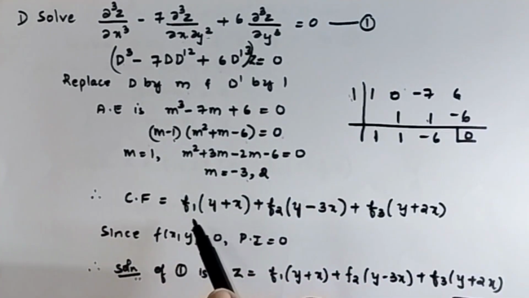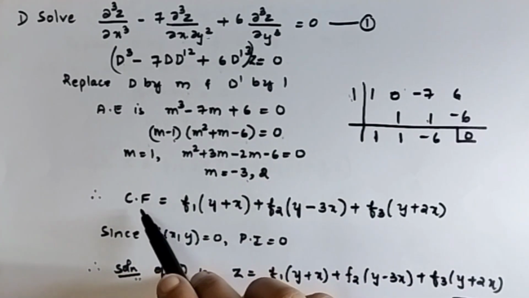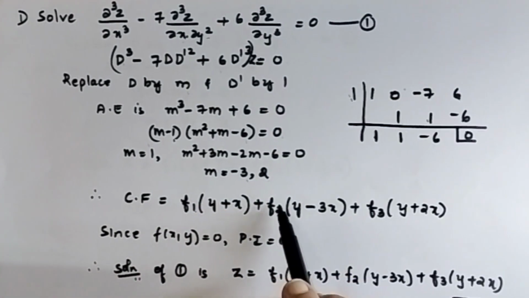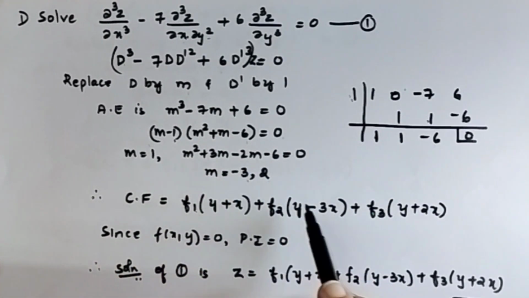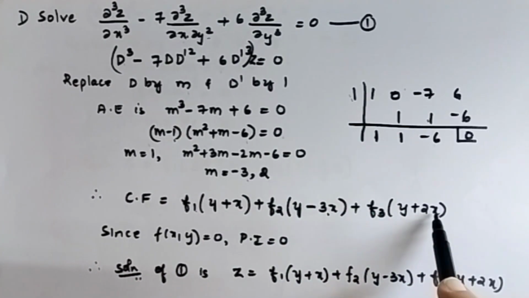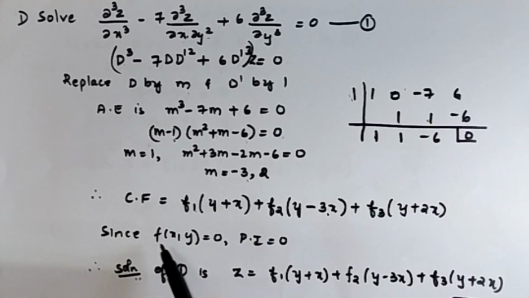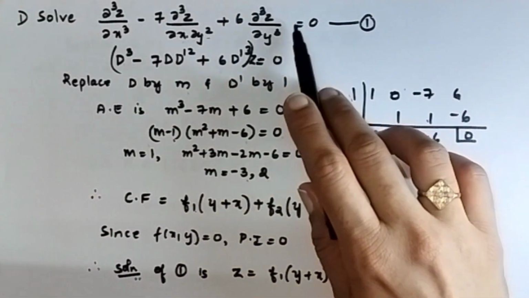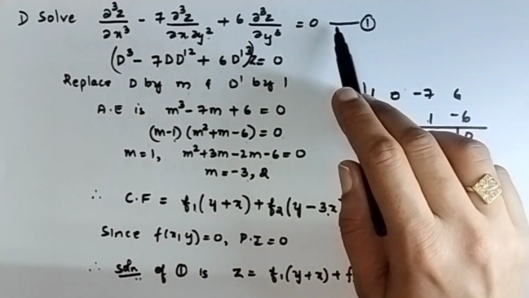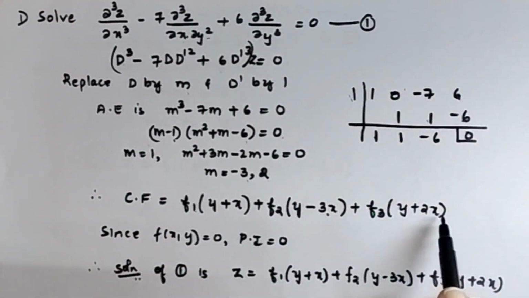Hence, using that working procedure, complementary function is given by f1 of y plus x plus f2 of y minus 3x, second root, plus f3 of y plus 2x. Since f of x comma y equal to 0, the particular integral is 0. Solution of this equation is z equal to same as the complementary function, where f1, f2, f3 are arbitrary functions.